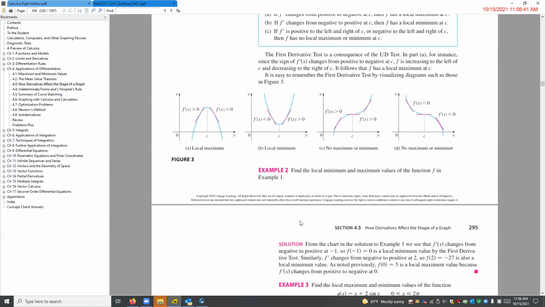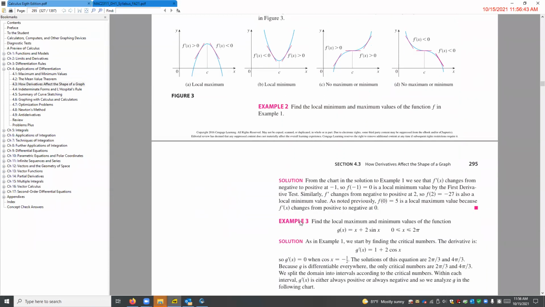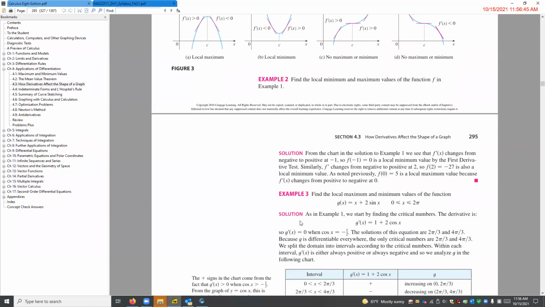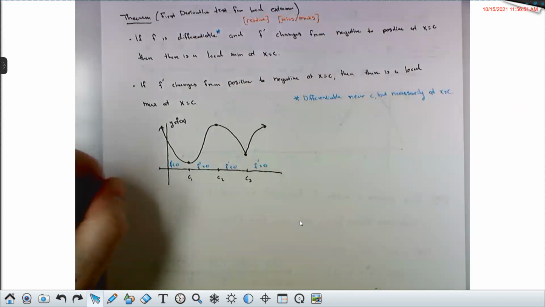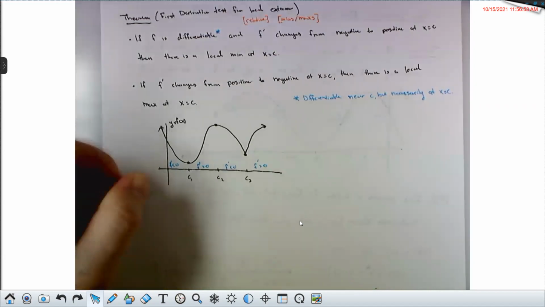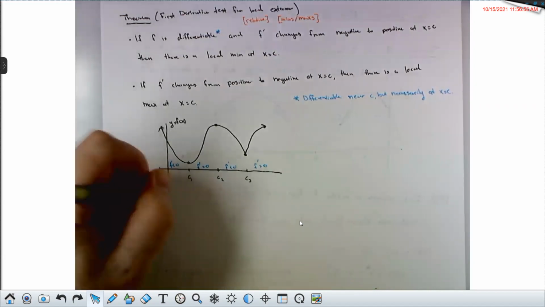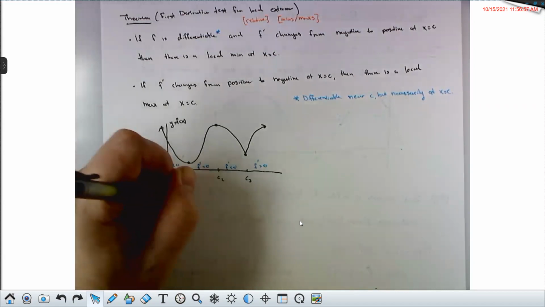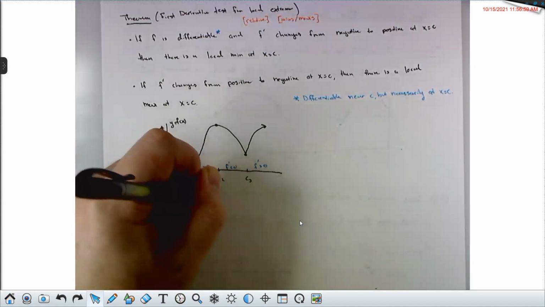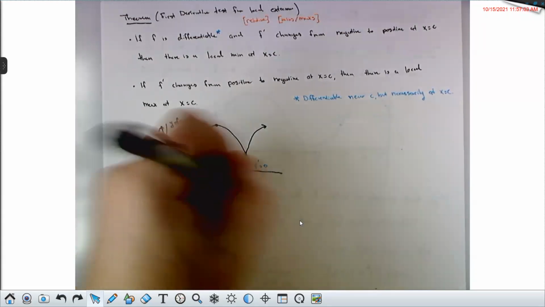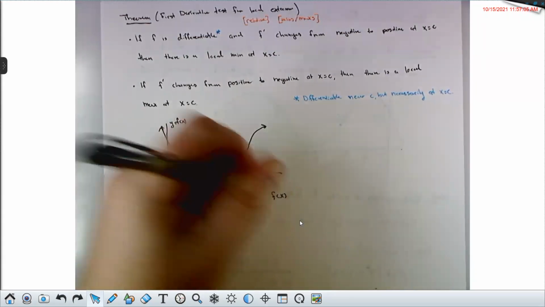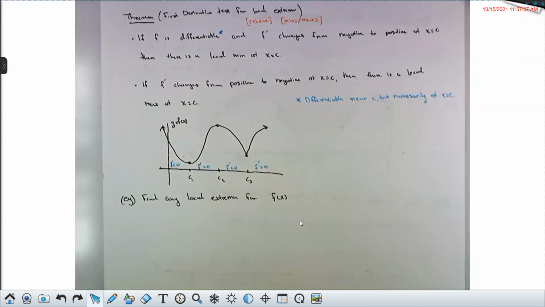So let's do it. They want us to find the mins and maxes for that function that we just worked with. For the function that we had a second ago, which was, can I read it through here?